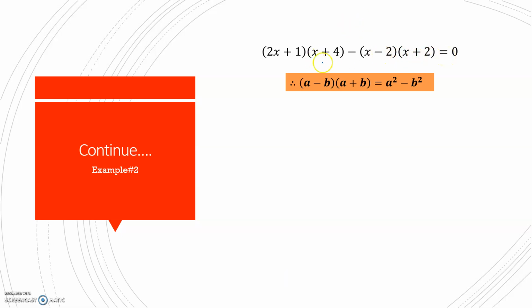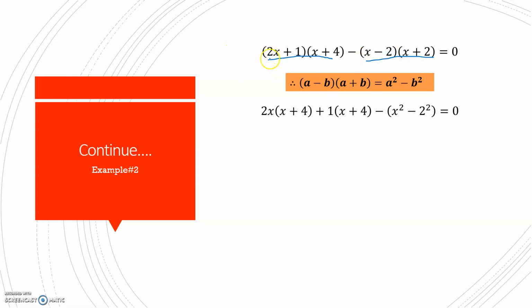Here students, you can notice that these two expressions are multiplied and these two expressions are multiplied. But these two expressions can be simplified by using this formula (a−b)(a+b) = a² − b². Here you can notice that a is equal to x and b is equal to 2.